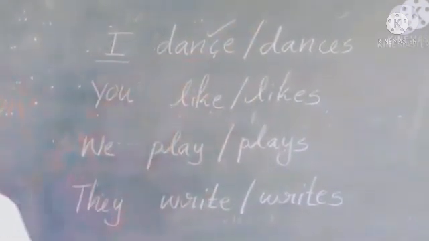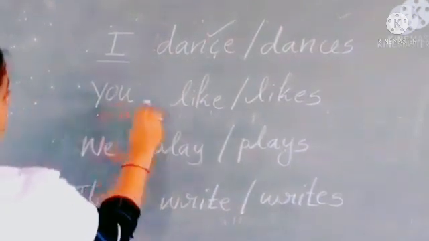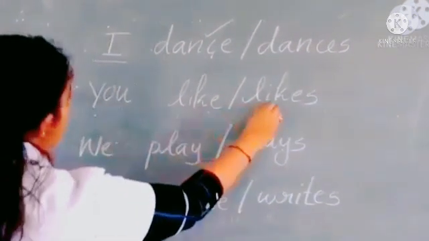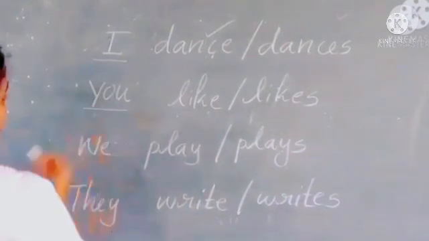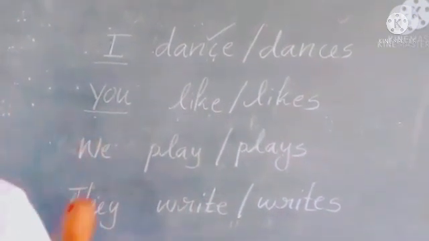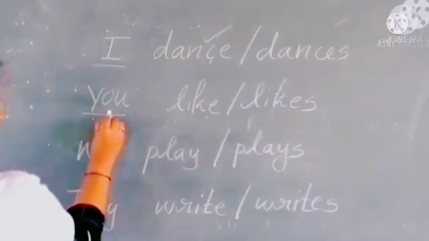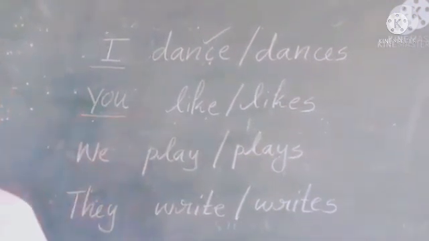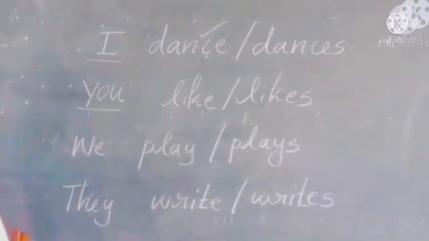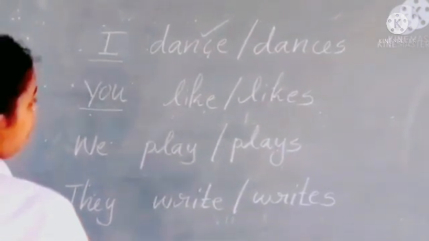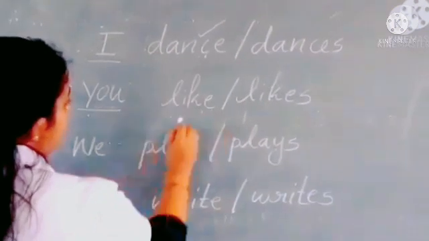I dance. And the next one, you like or likes. Here which is the pronoun? You is the pronoun. You is singular or plural? This is a plural pronoun. So with a plural pronoun, we need to use only the verb. Don't add s or es with the verb. So here which is the right answer?